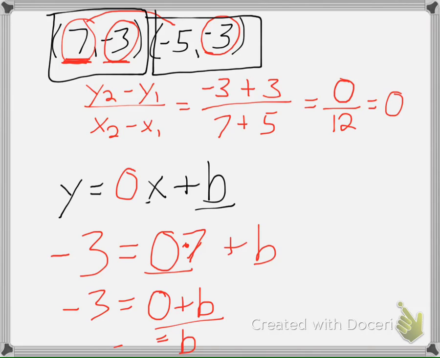So that means b has to equal -3. So my equation for my line, going back to y = mx + b: now I know what m is, m is 0, and I know what b is, b is -3. And of course that can be simplified, because 1x is the same as x, but 0x is 0. So that just goes away, and my equation is y = -3.